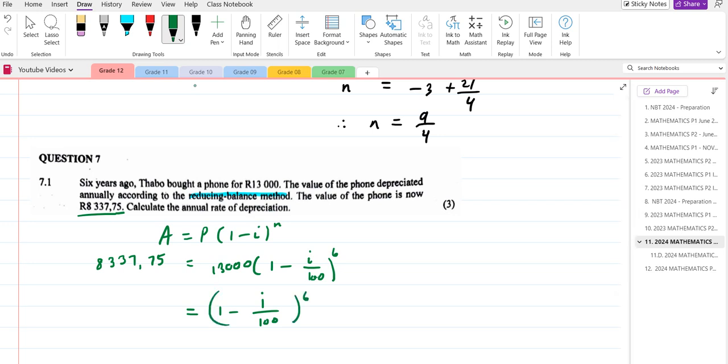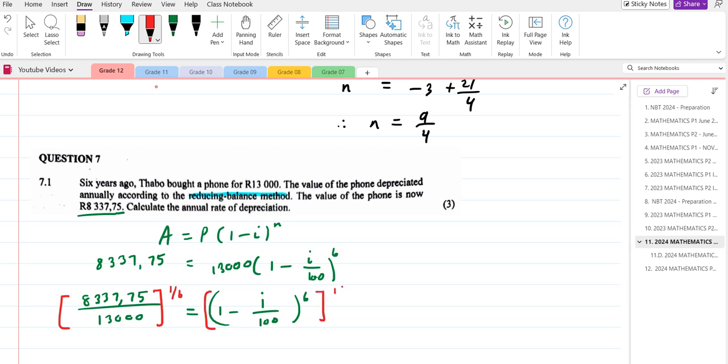Alright, so we're going to divide by 13,000 and let's just take the 6th root, right? To the power 6. So you can raise both sides to the power: 8,337.75 over 13,000, and raise both sides to the power 1 over 6, alright?